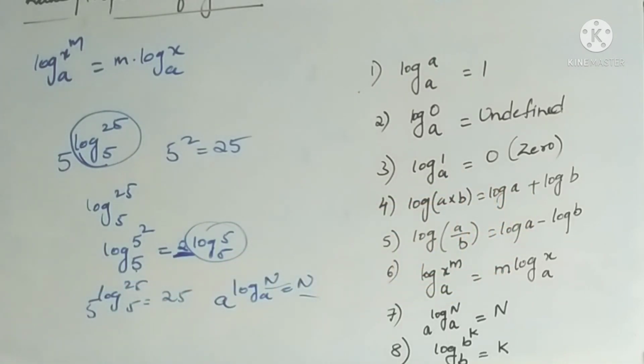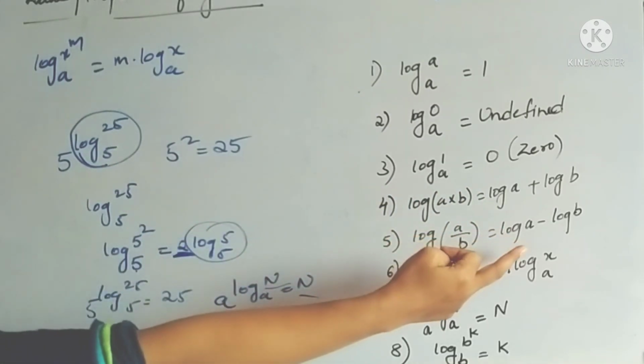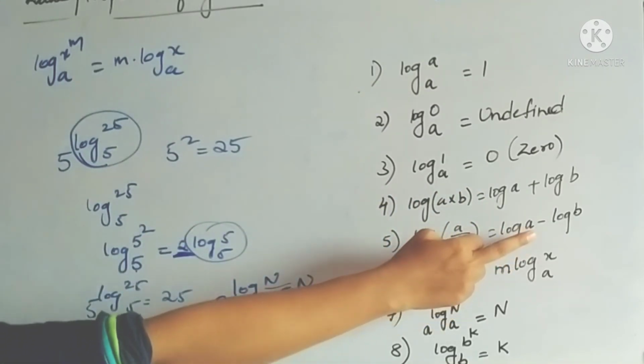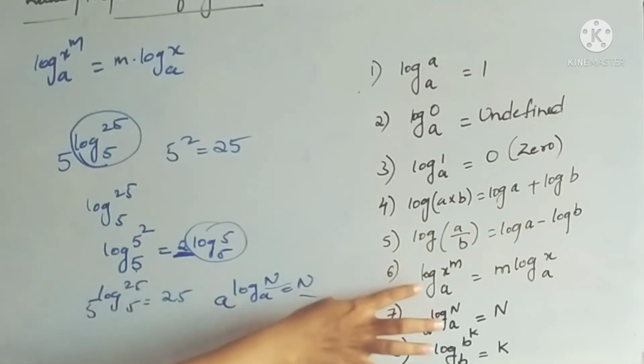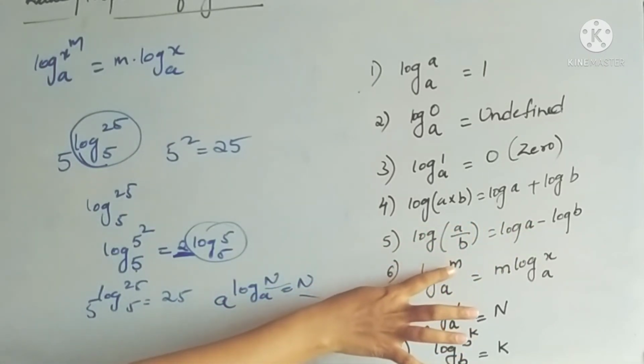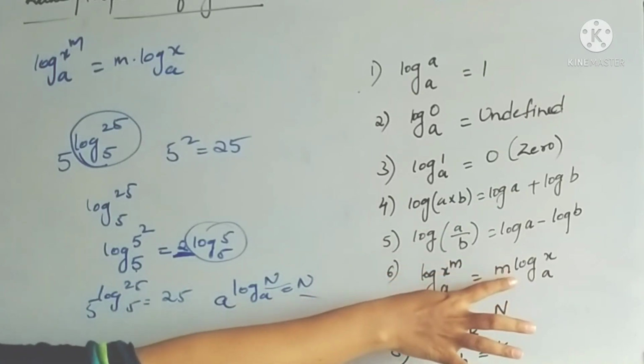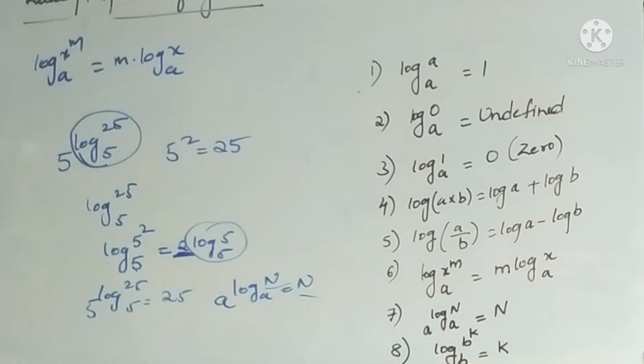If it is multiplication, the terms go in addition on the other side; if there is division, subtraction comes. In log x power m base a, the number in the power comes with multiplication with the logarithmic term. In a power log n base a, the base of the logarithm and the base of the exponent are the same, so n becomes the answer. Log b power k base b is equal to k. Right? So I think you understand.